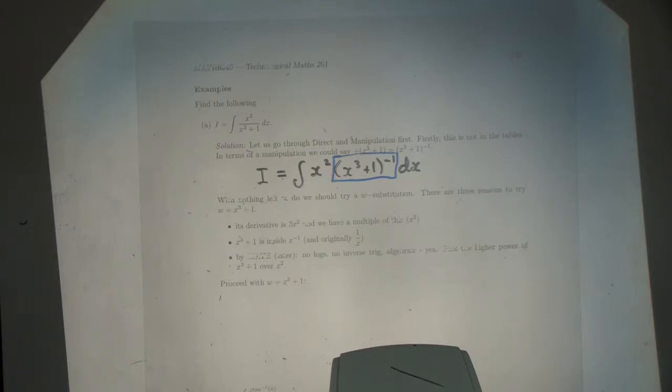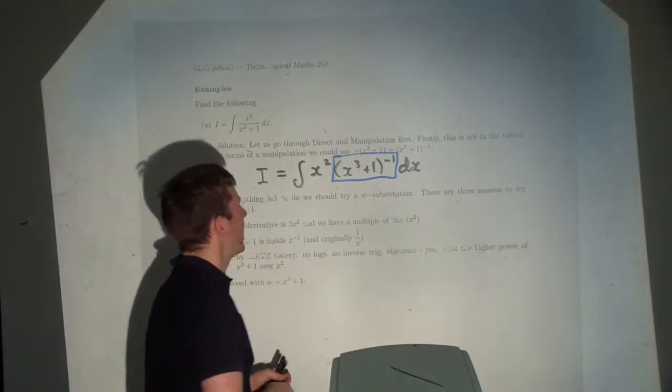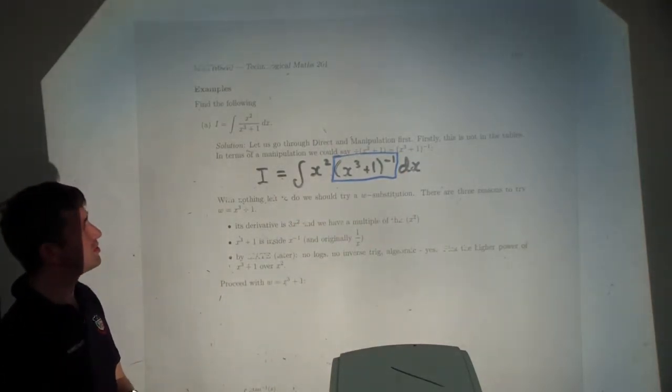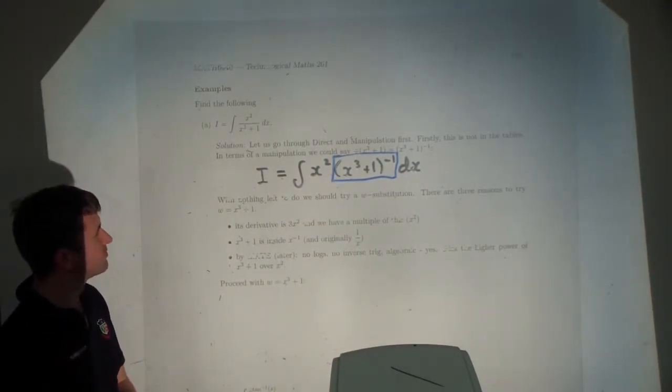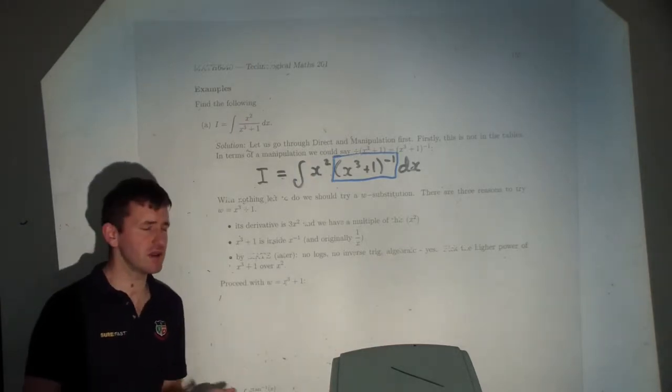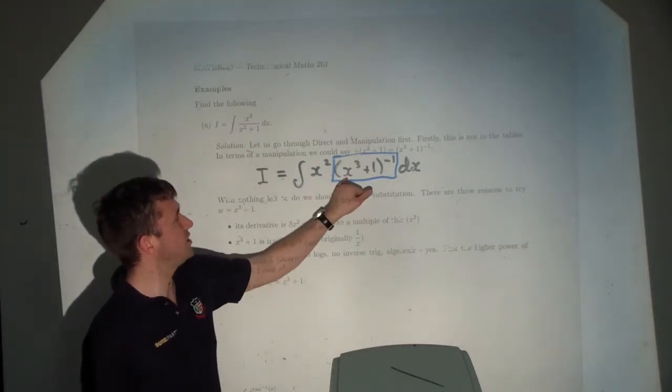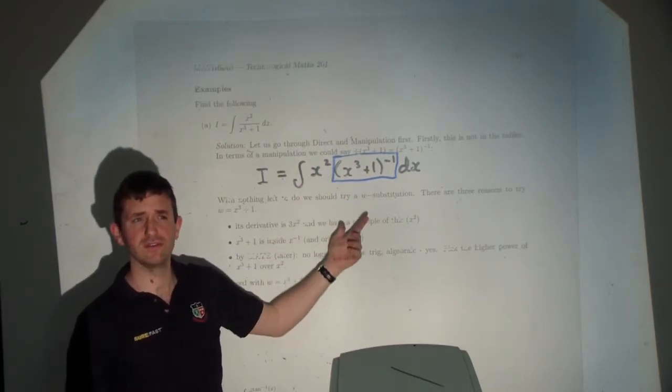The first is, can you see within this somewhere a function and a multiple of its derivative? I don't see any x in here. Oh, I do. Okay. So x and 1. So there is, you could say any of these x's is a function, its derivative is 1.